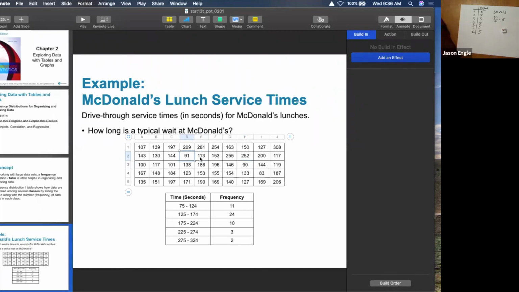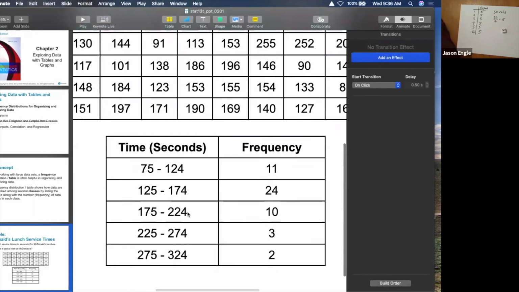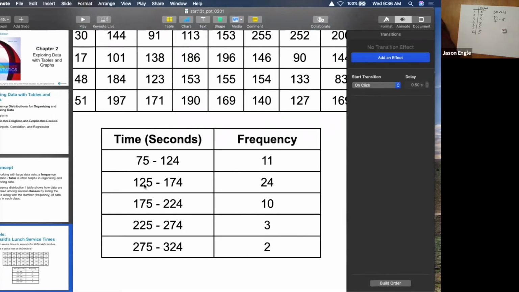That makes sense? And similarly, the second class is from 125, see how it picks up right where the other one left off? From 125 to 174. If you count how many numbers are in that range, there's about 24 drive-through service times in that time as well.